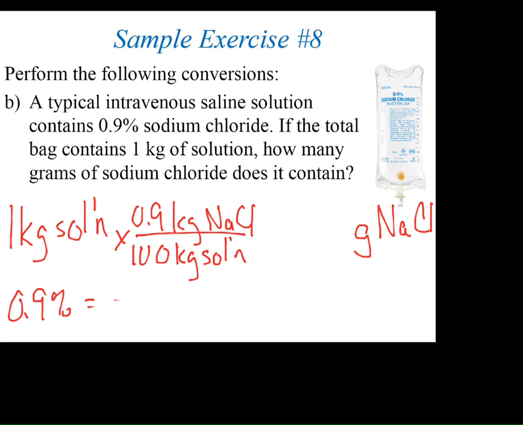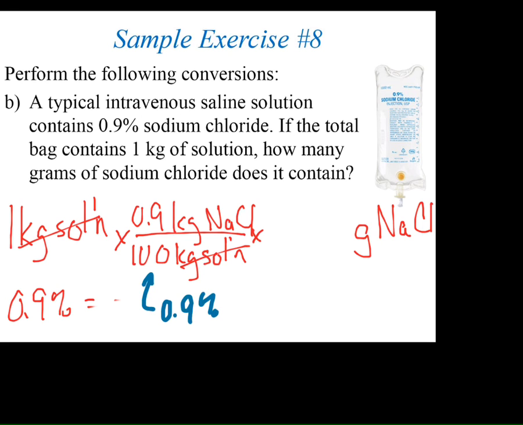Are you with me? This comes from the 0.9%, 0.9 out of 100. And since that was in kilograms, I made this both out of kilograms. Now I'm in kilograms of sodium chloride, but I want to be in grams of sodium chloride.